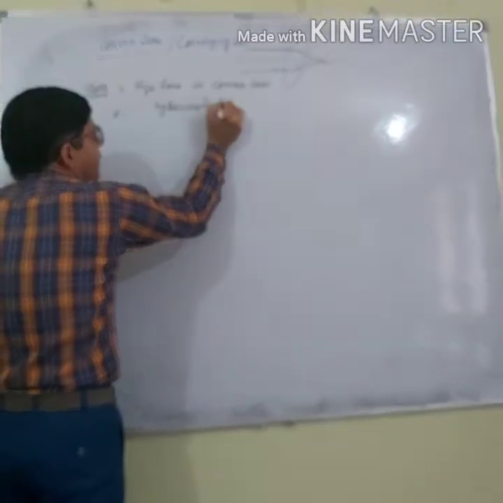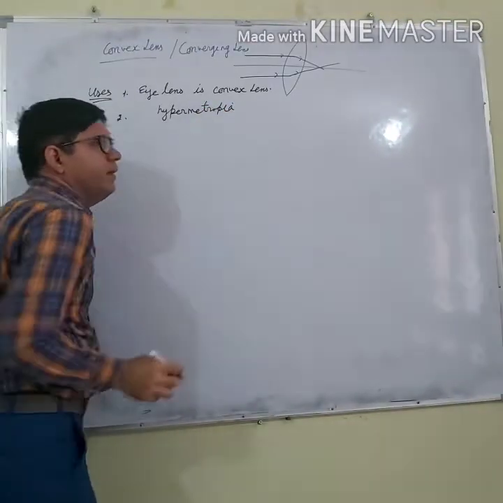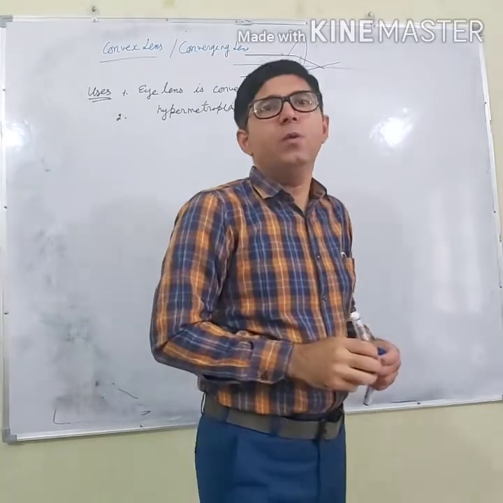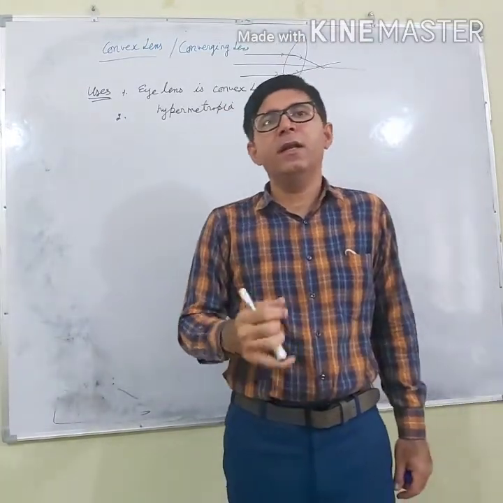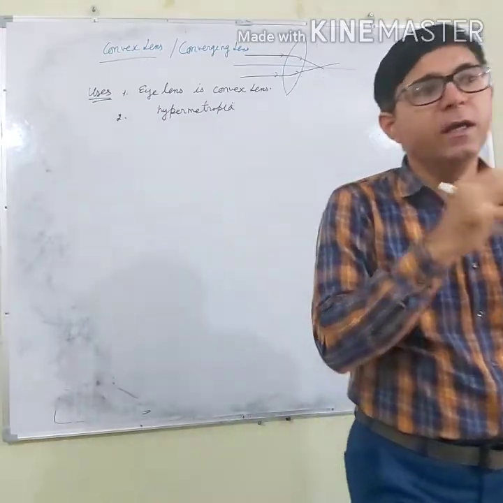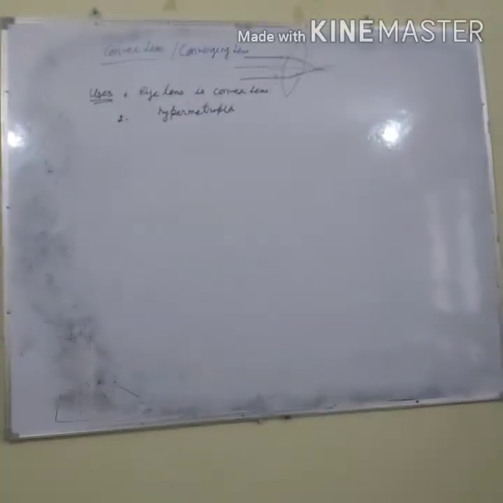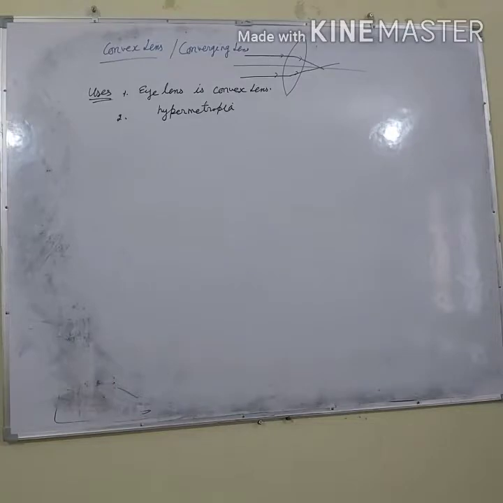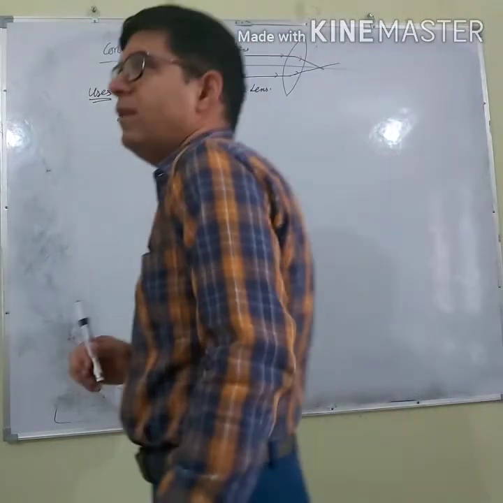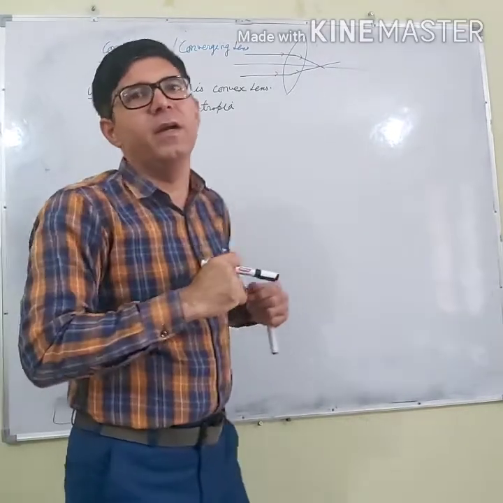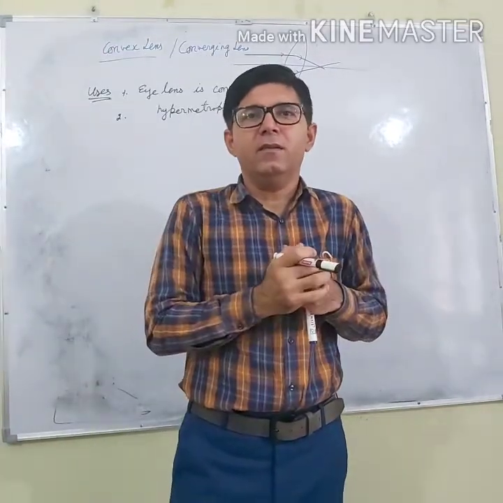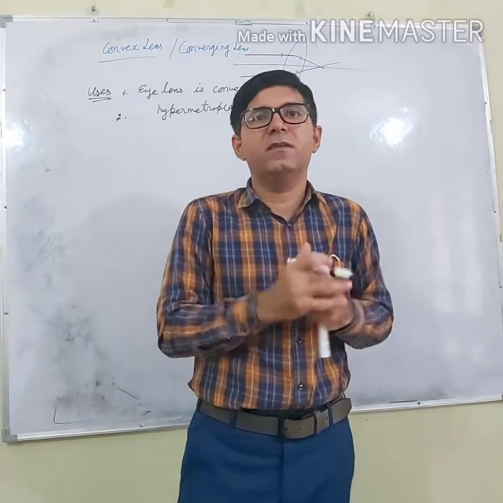What is hypermetropia? It is a defect due to which a person is unable to see nearby objects clearly. In order to rectify this defect, a person has to wear spectacles in which convex lenses are used.